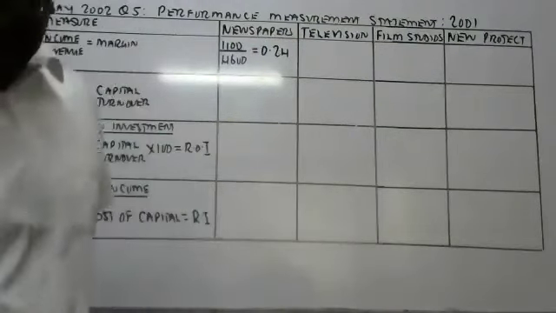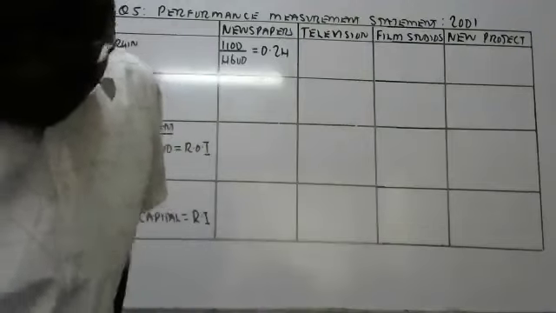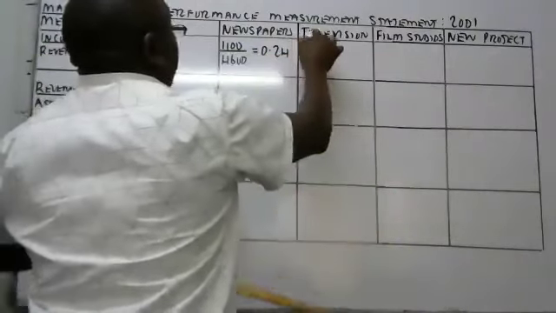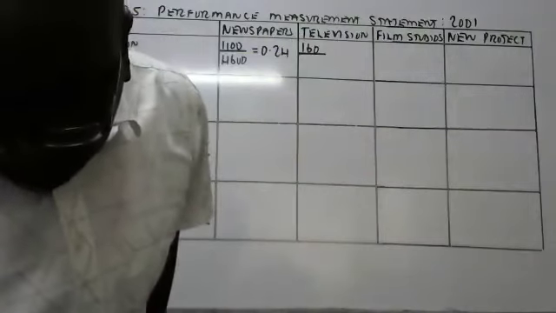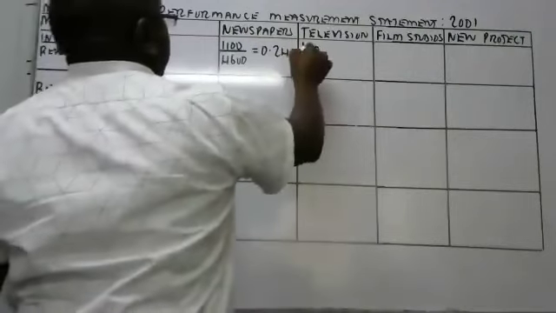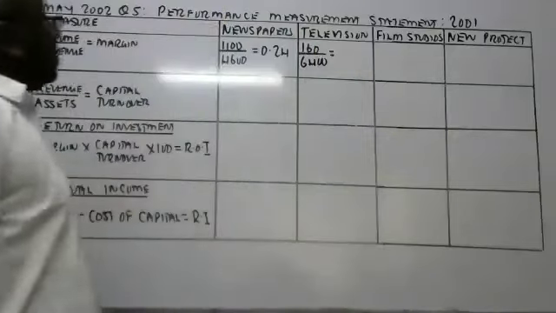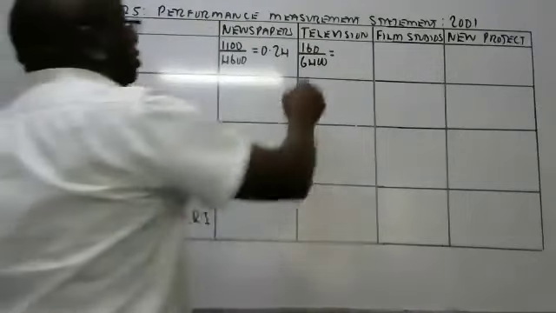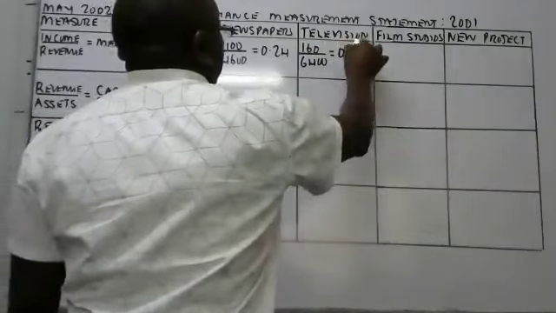We go to television. Television income is 160, and the revenue is 6,400. So 160 divided by 6,400 is 0.03.